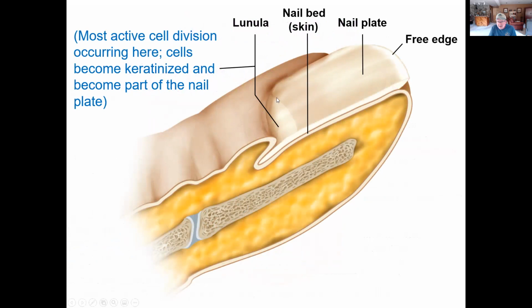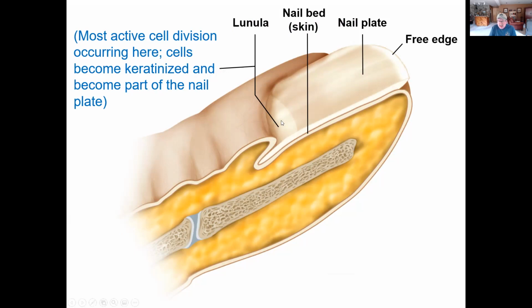If you look at the base of the nail plate, we have something called a lunula, lunar, moon. So this is like a half moon structure. At the base of all of our fingernails and toenails, we have this darker, whiter lunula. And as I've indicated here with the slide, there's active cell division taking place here in the lunula, similar to the way there's active cell division in the stratum basale layer of the epidermis.